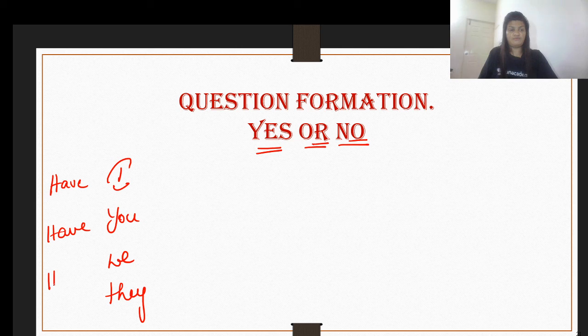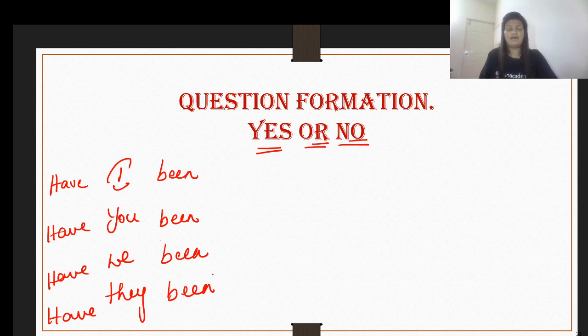So have I? Now you bring in the word been. Have you been? Have we been? And have they been? Have I been? Have you been? Have we been? Have they been?